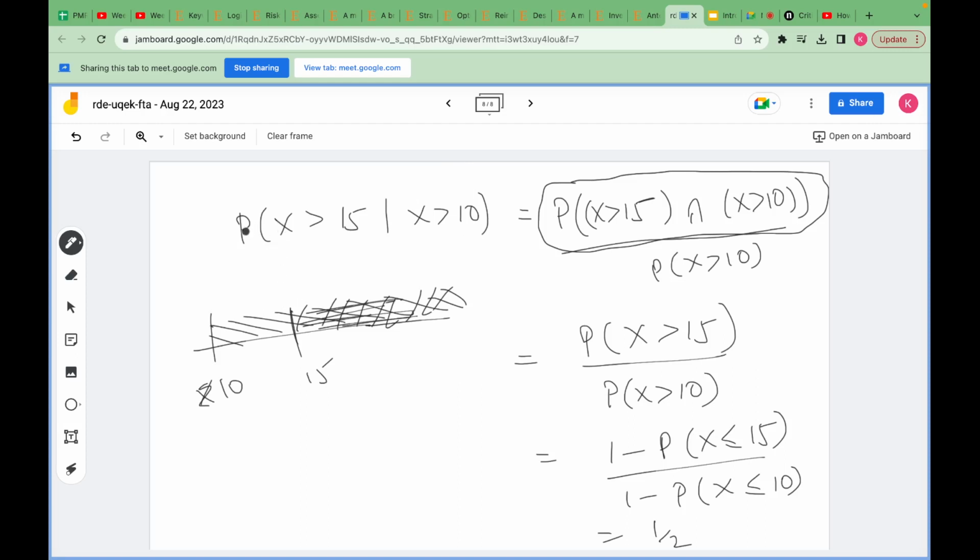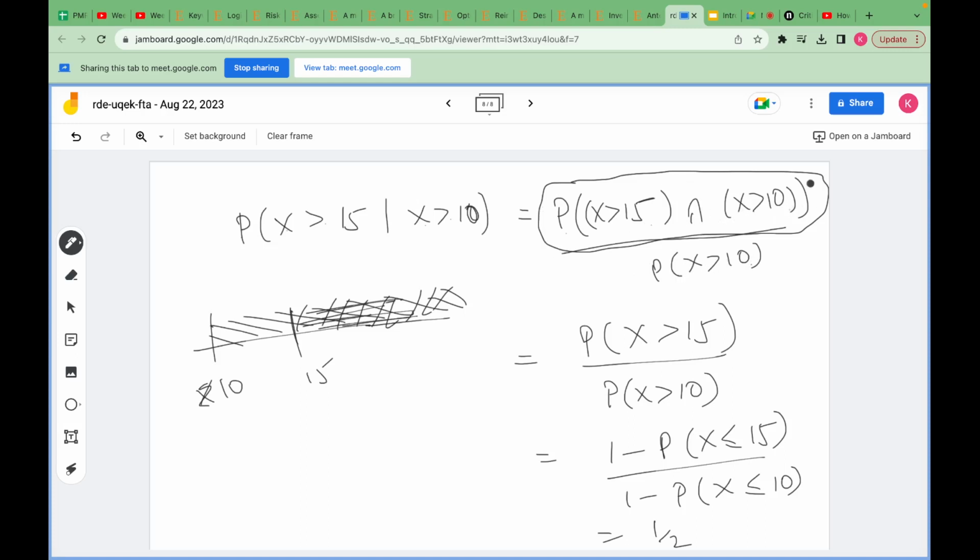So we are asked in this question the probability that x is greater than 15 given that x is greater than 10. Here it can be written as the probability that x is greater than 15 intersection with x greater than 10, divided by the probability that x is greater than 10.